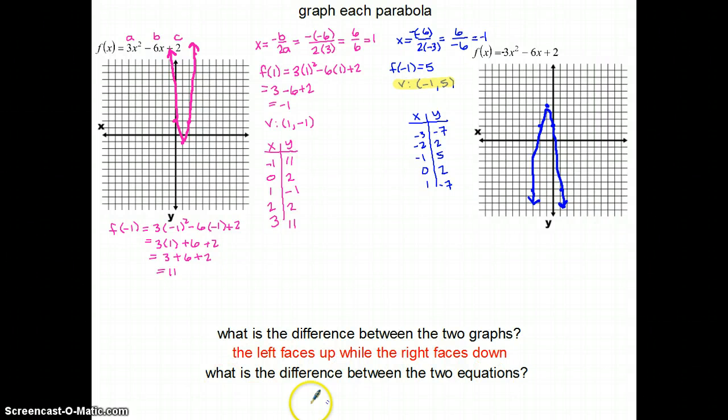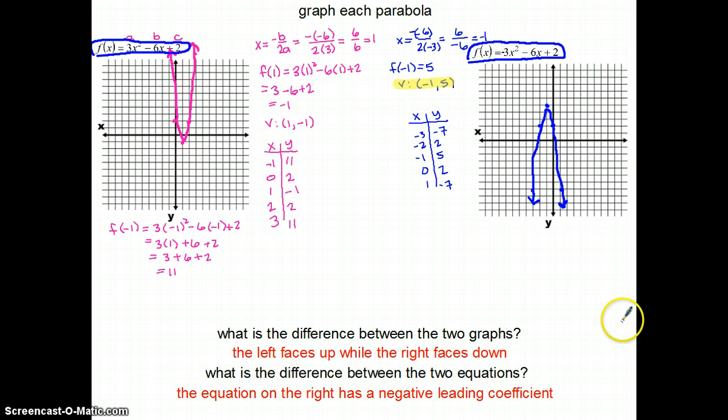We have f of x is 3x squared minus 6x plus 2, and f of x is negative 3x squared minus 6x plus 2. The only difference between these two equations is that the equation on the right, the one in blue, has a negative leading coefficient. This leading coefficient, the negative in front of that 3, is what causes the direction of the parabola, whether it will face upwards or downwards, as we see.